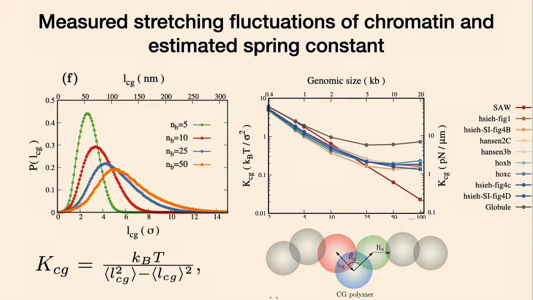So we can predict the spring constant, and the typical number that you would want to put in dimensionless unit is of the order of 1, or it's about 1 to 10 piconewton per micrometer. That's the kind of number that you would want to put depending on what you want to study.